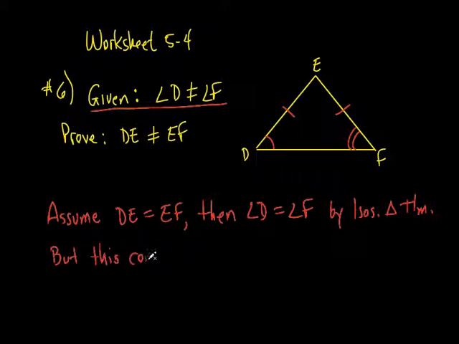What does it contradict? The given, right. So we're going to say that it contradicts the given that says angle D does not equal angle F. Does that make sense? So it contradicts the given that says angle D is not equal to angle F. That's our contradiction.